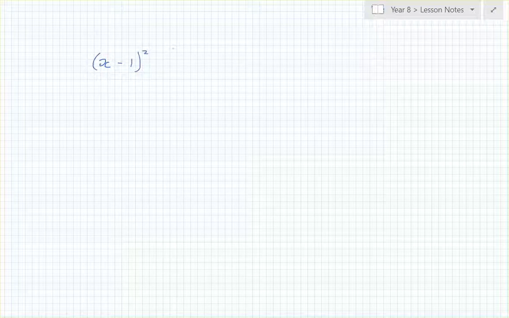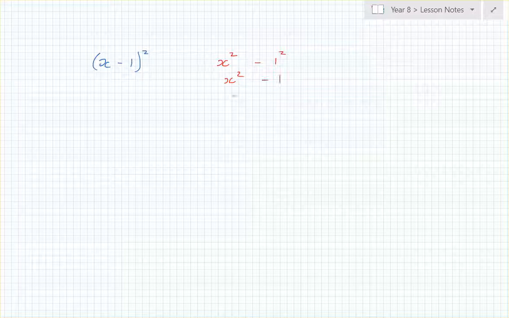Okay. I just want to tell you one thing. I have my little saying for this. Please, please, please, do not do this: 4x squared plus 1. That's not correct.